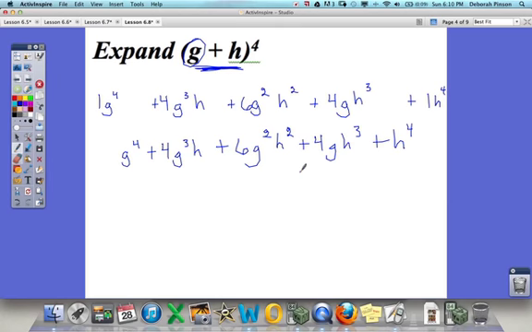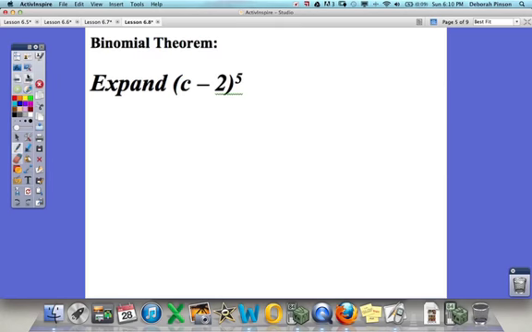Alright, so second thing we're going to do is use something called the binomial theorem. We're going to use the binomial theorem in place of Pascal's triangle to get those coefficients.